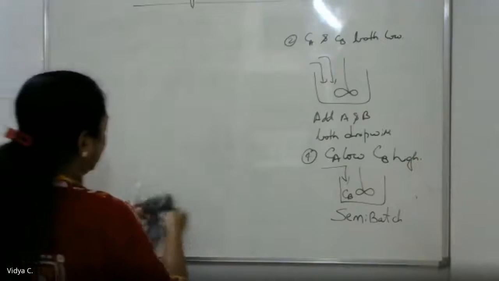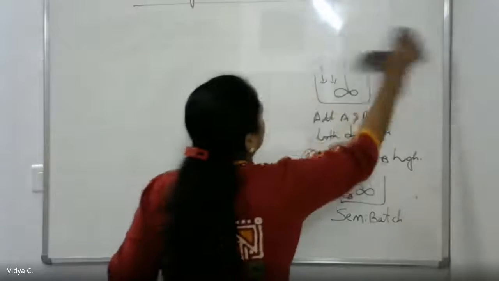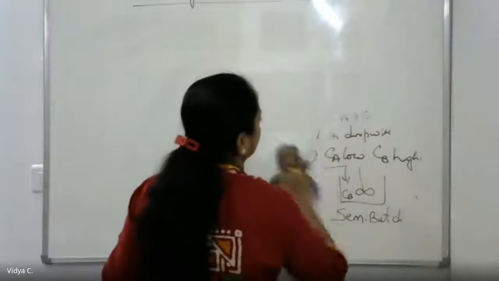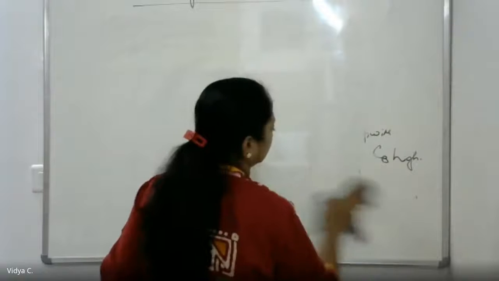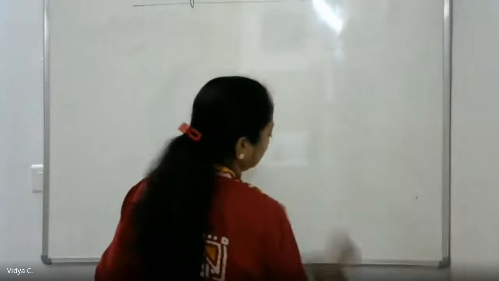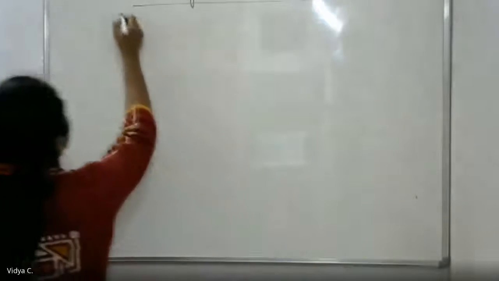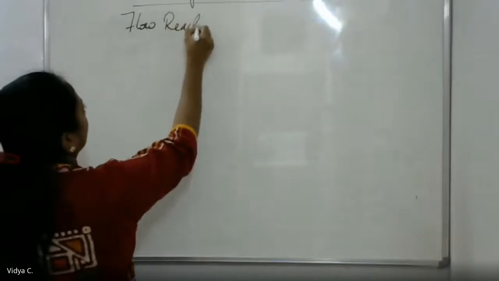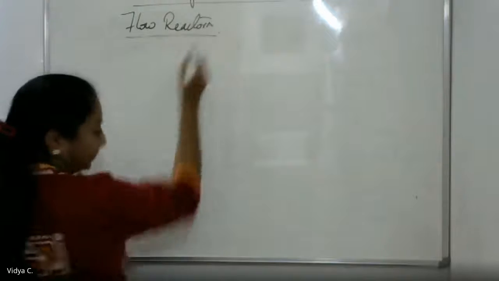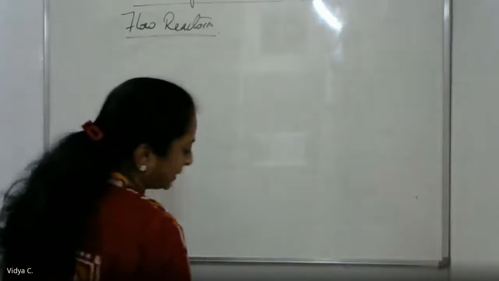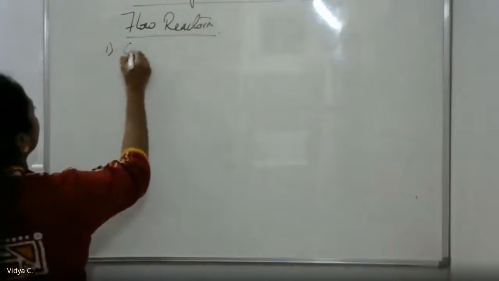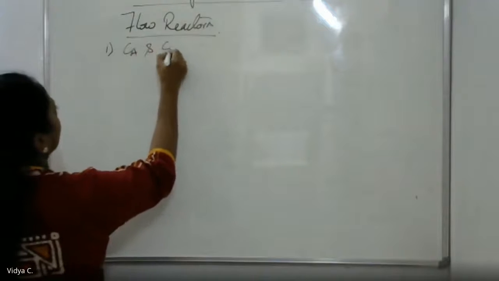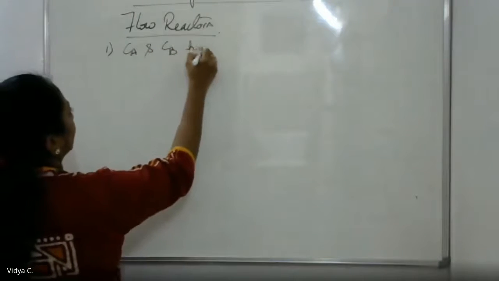Flow reactors. In this, the first one is CA and CB both high. Case 1, CA and CB both high.